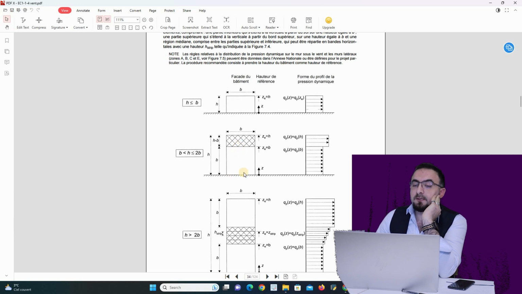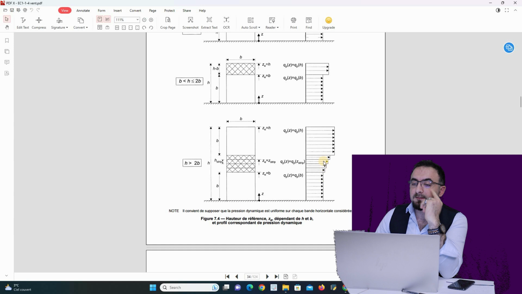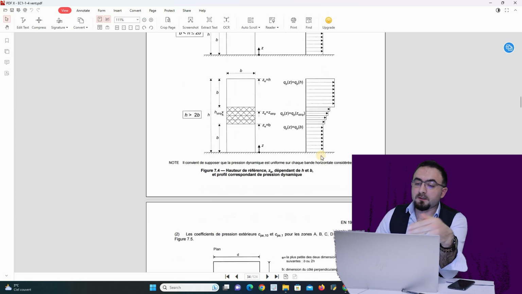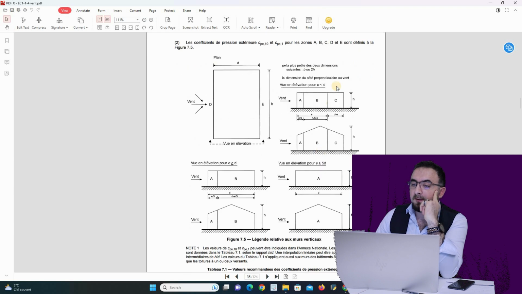If we have a wall, and the dimension of the wall is 2 times the length of the wall, we have many types of forces, and these forces will increase if the wall is higher than that.